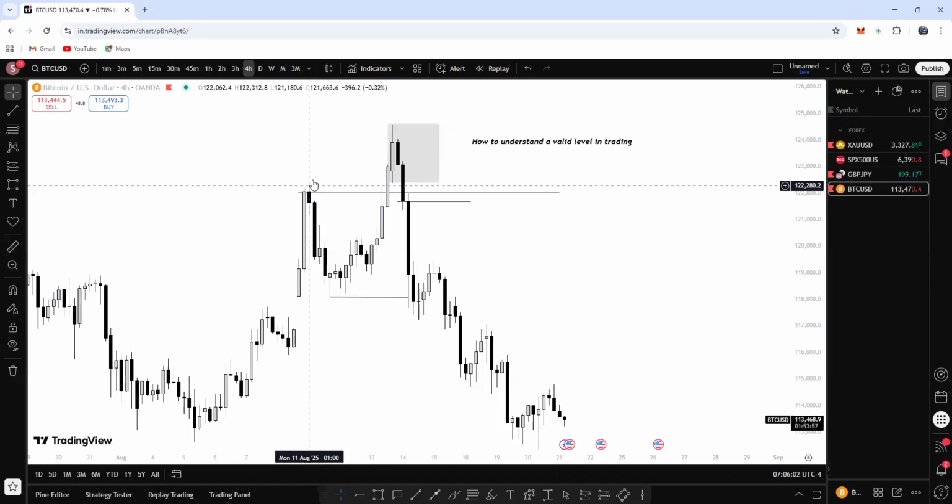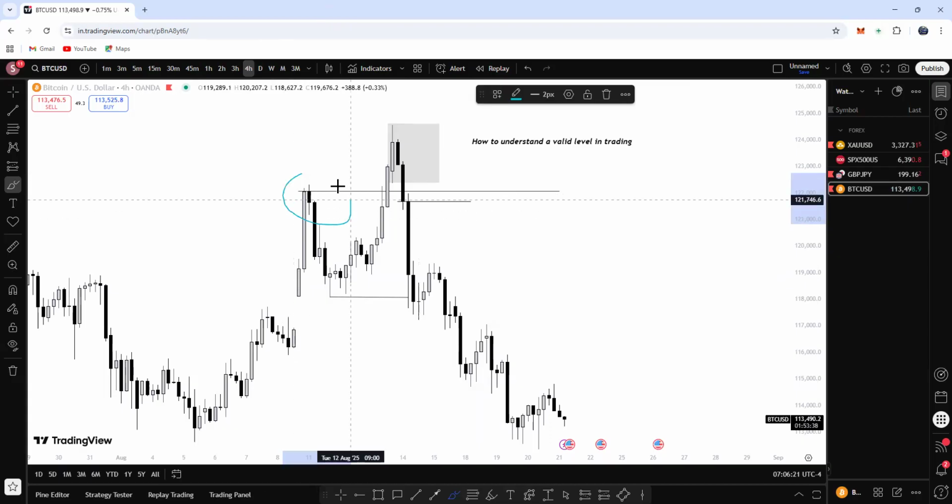What's this level? I want to know who is following me. Write it in the chat box, everyone. This level here, what's it called? Send your message in the chat box. Let me see if you understand.